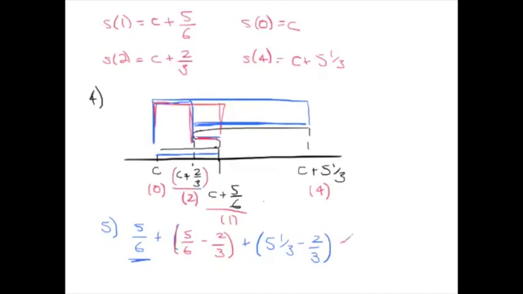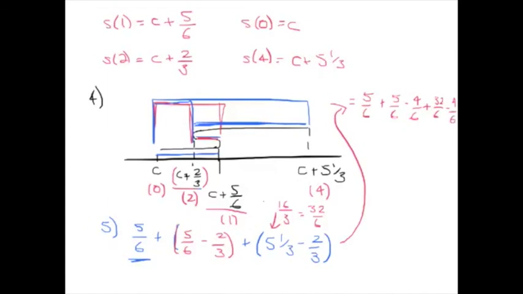So then if we have this, we need everything in regards to 6's, aren't we? So we're going to have 5 over 6 plus 5 over 6, take 4 over 6 plus, what's that going to become? So it's going to be 16 on 3, which is going to be equal to 32 on 6, I believe, plus 32 on 6, minus 4 on 6.